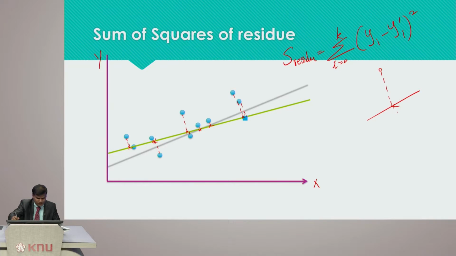This is yi and yi prime. So you are going to form yi minus yi prime plus y2 minus y2 prime. Since it's over i, we go from 1 onwards till all the values are covered.